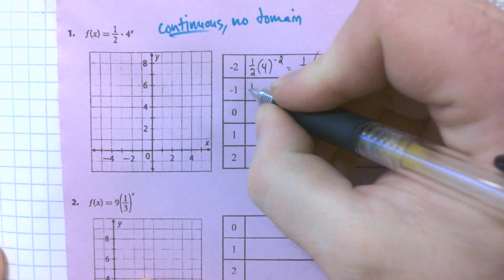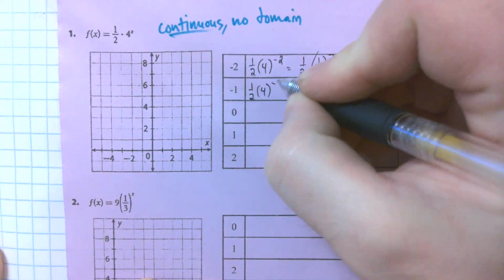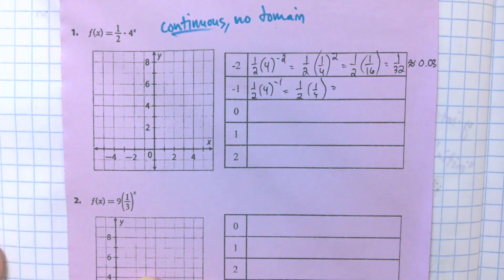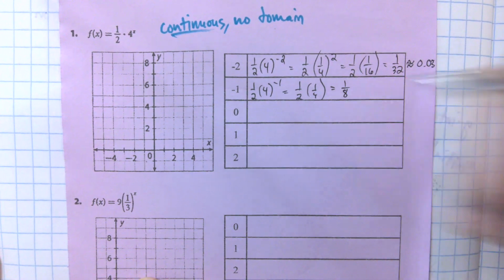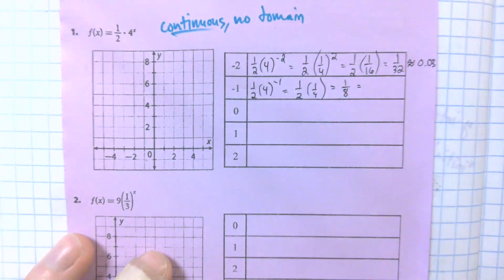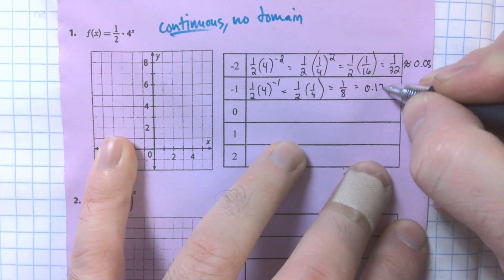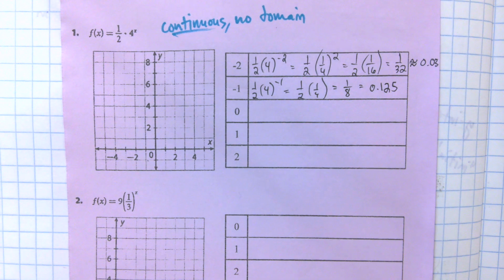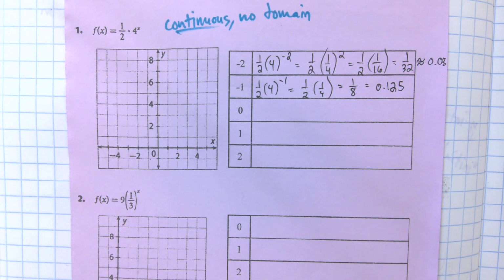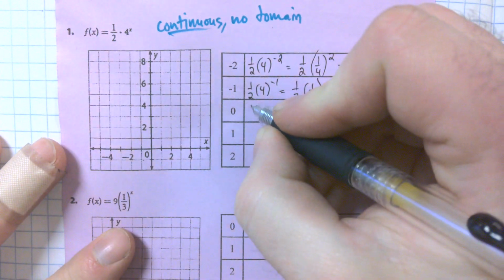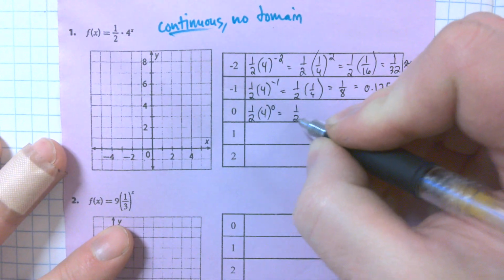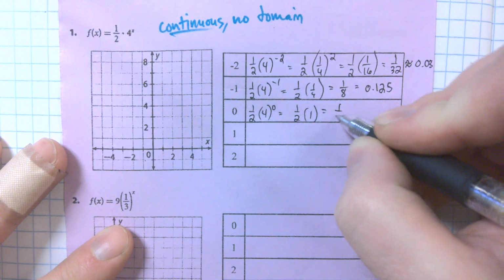Let's plug in -1. 1/2, 4 to the -1. I'm just going to flip it around and get 1/4. What's 1/2 times 1/4? 1/8. 1 divided by 8 gives me 0.125. Getting closer to 1, further away from 0. If I plug in 0, my 4 goes away. Right? What's 1/2 times 1? 1/2.